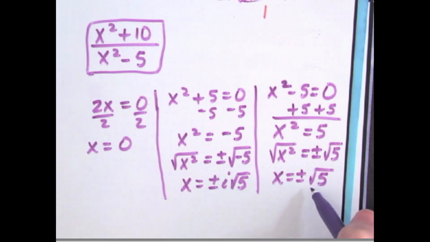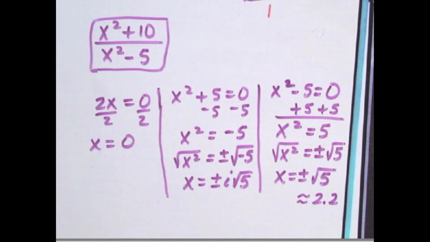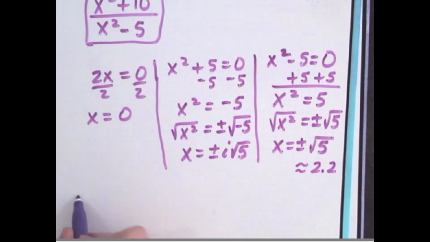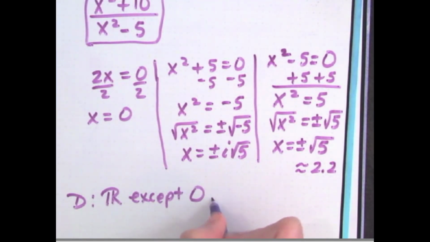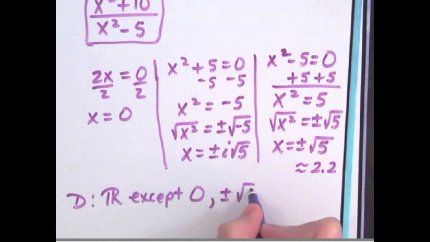That's still a real number. If we were to pop that in a calculator, we'd get about 2.2. That would help us if we had to graph it. So our domain will be all real numbers except 0 and positive or negative square root of 5.